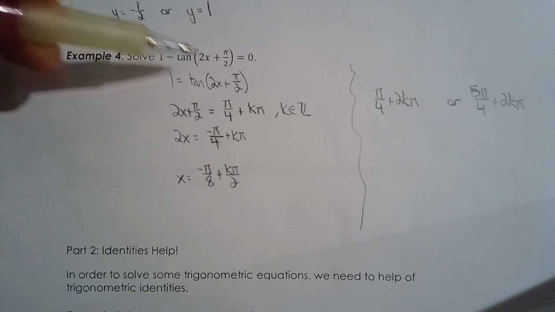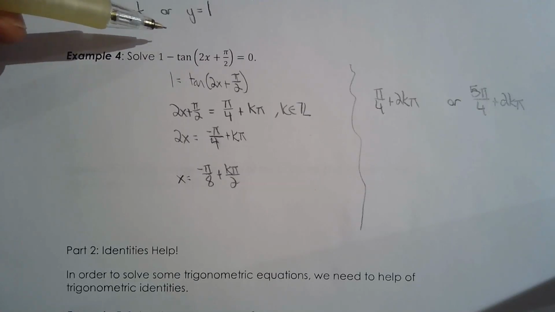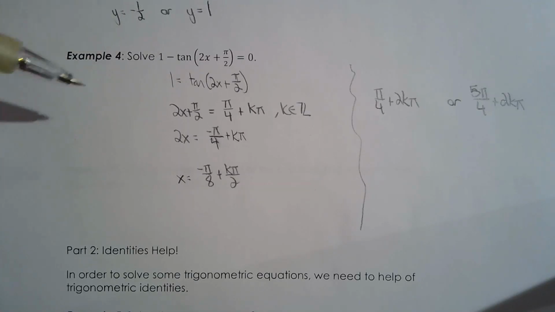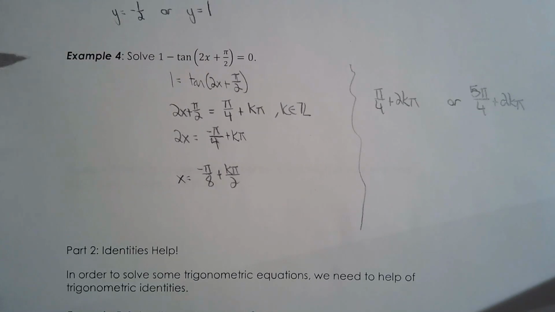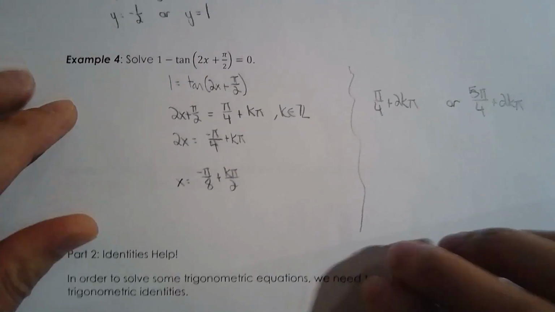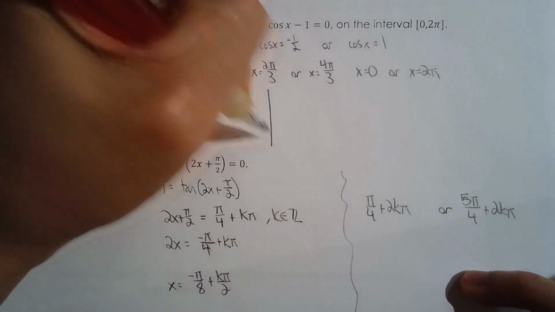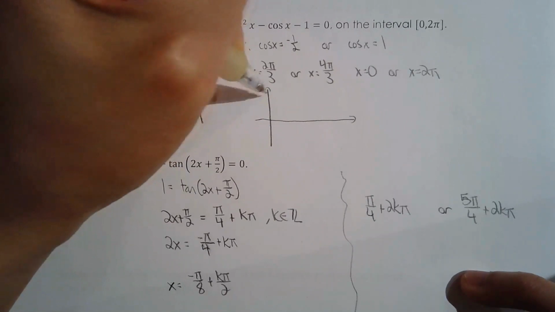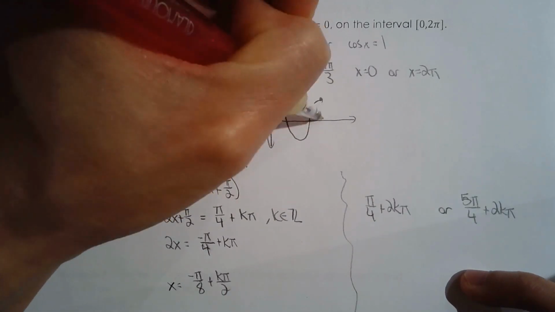So I really want you to connect the dots between your graphing of trig functions and solving trig equations. If you know your trig functions and their respective properties very well, solving trig equations becomes easier because you can even visualize the answers. So for example, when you see cos x equals -1/2, you should be thinking of the cosine graph between 0 and 2 pi.